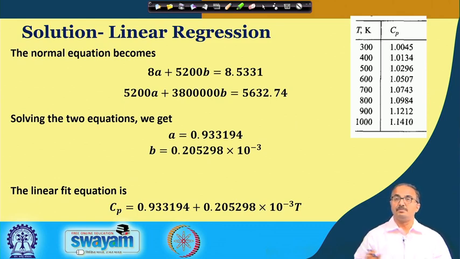If the temperature is in centigrade or Fahrenheit, you must first convert it into Kelvin to get the value of Cp. If you make any mistake in using the proper units, you are going to land up with wrong answers. So you should be very careful whenever you use any regressed equation.